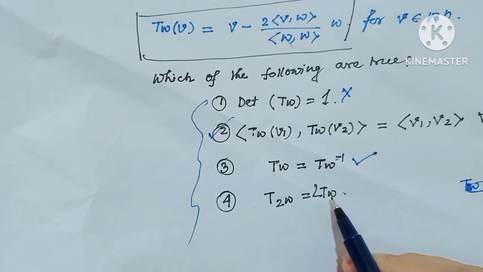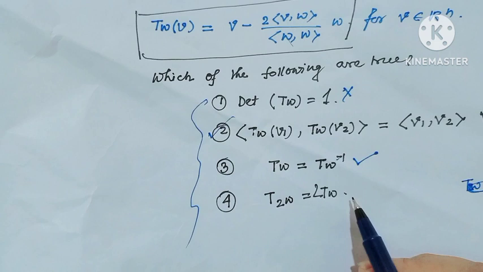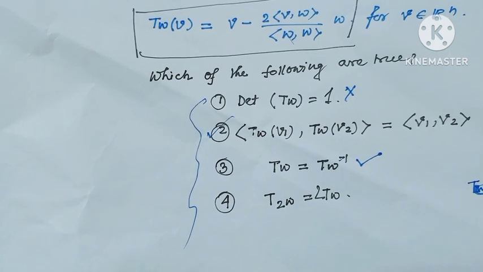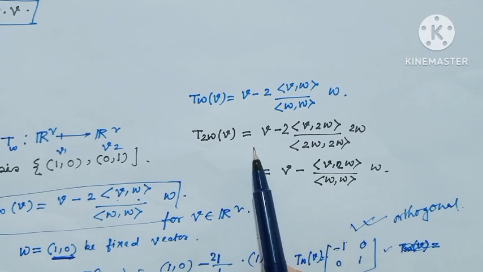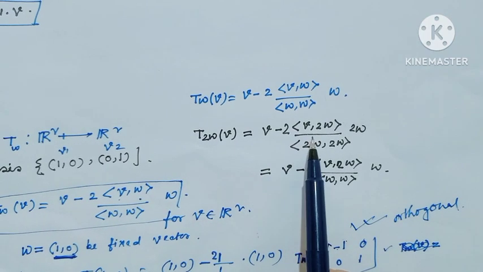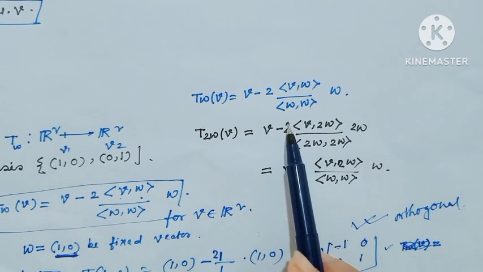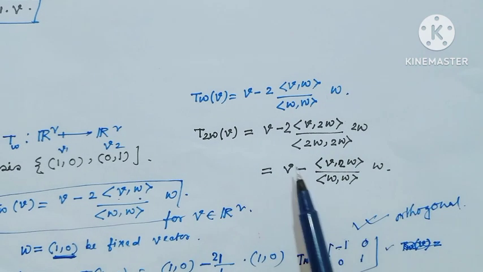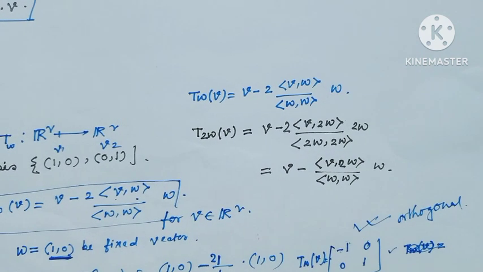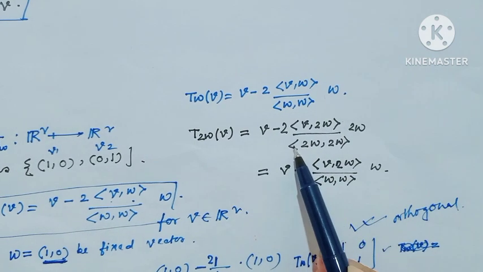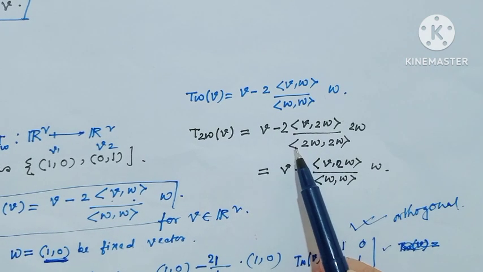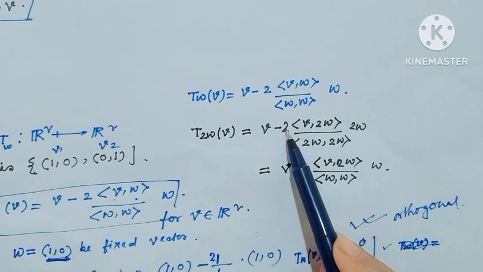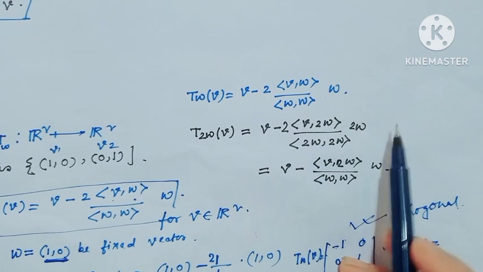Next, T_2W equal to 2 times T_W. At first, just check what T_2W is. T_2W(V) equals V minus the inner product of V with 2W, divided by the inner product of 2W with 2W, times the vector 2W. Then the 2 times 2 gives 4 in the denominator and 2 in the numerator, so it cancels.